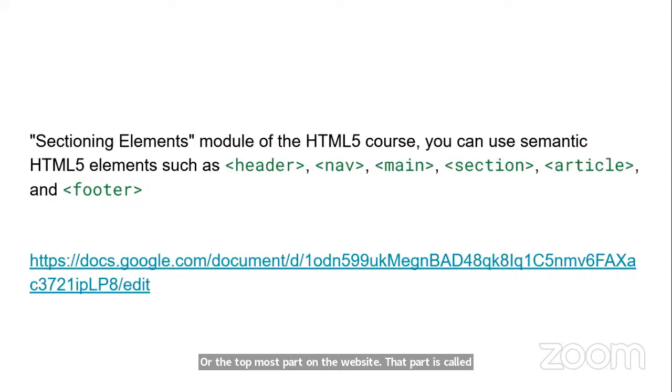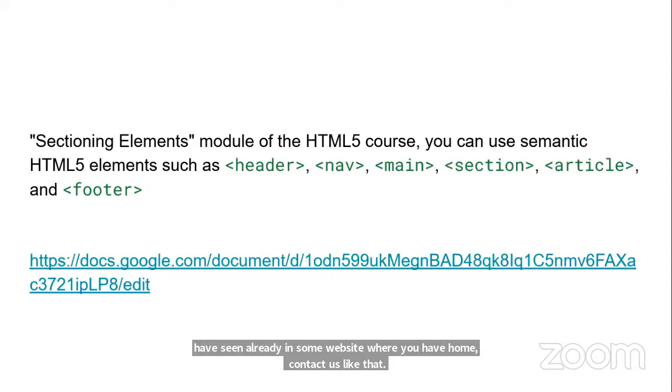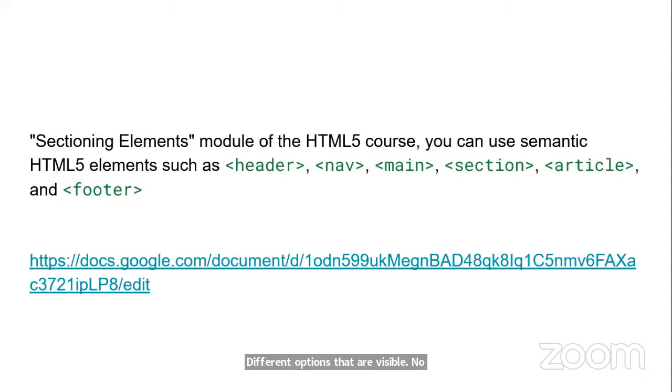Then you have nav. Navigation bar is nothing but on the top, you might have seen already in some websites where you have home, about us, contact us, like that. Different options that are visible, those options are stored as nav bar. And then main is nothing but whatever you write in the body, that will mostly come under the main tag.